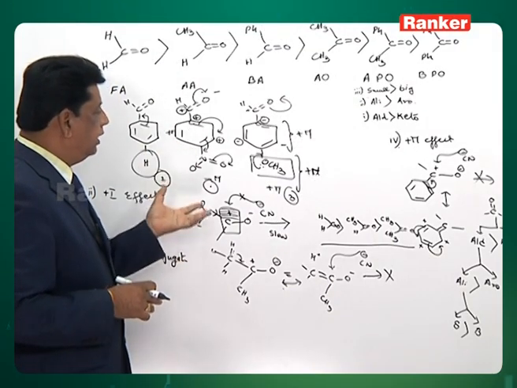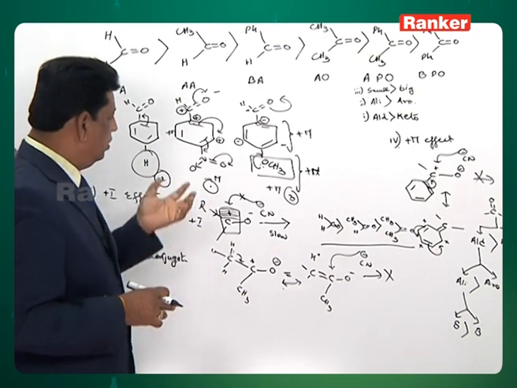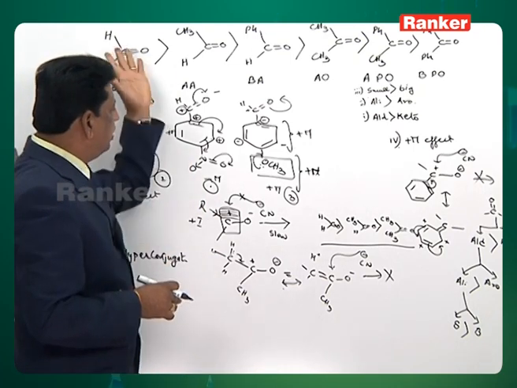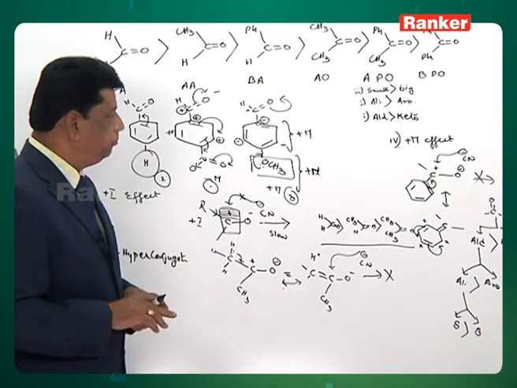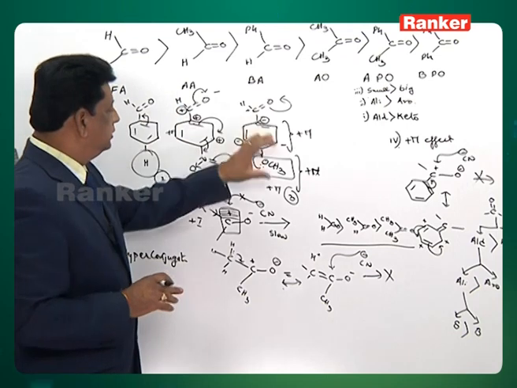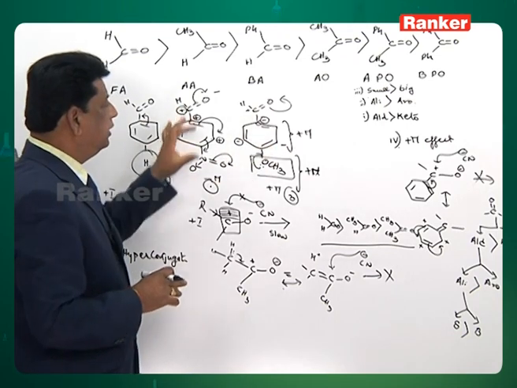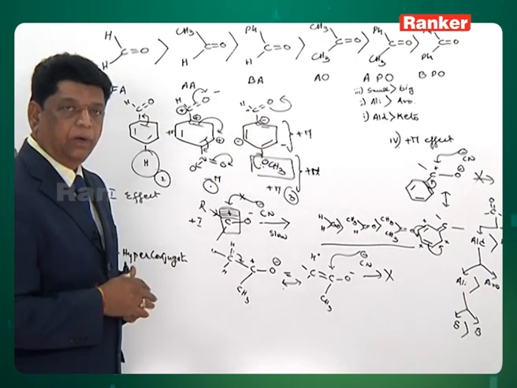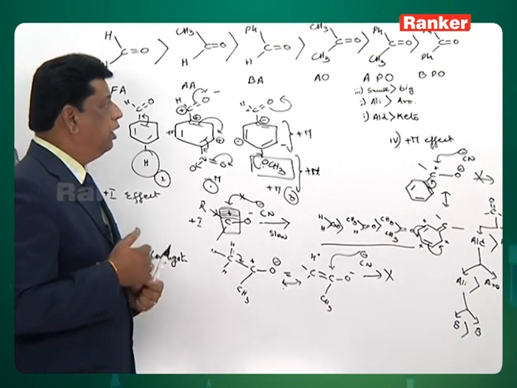Nitro, aldehydes, cyanides, sulfo, all those groups withdraw, therefore the rate of reaction increases, right. So in turn you can judge: all are common benzenes, but attached groups also influence, and see how the rate of reaction is going to be altered.